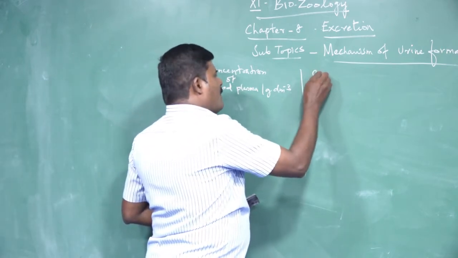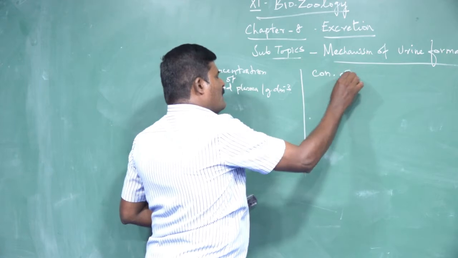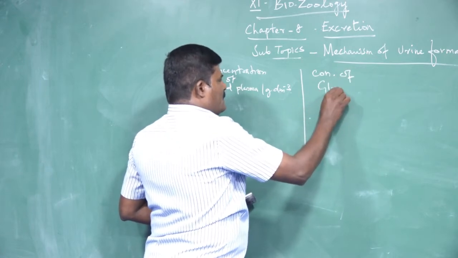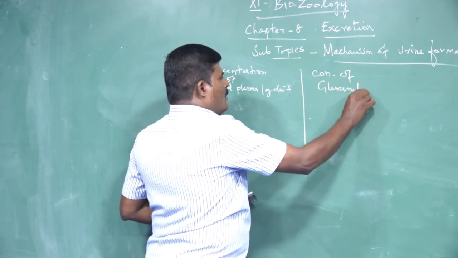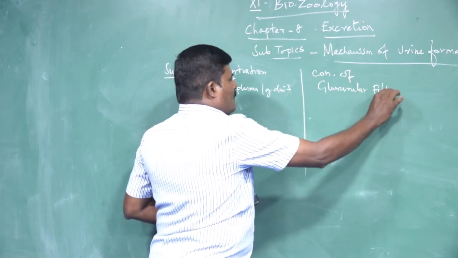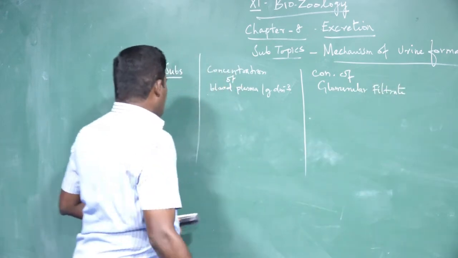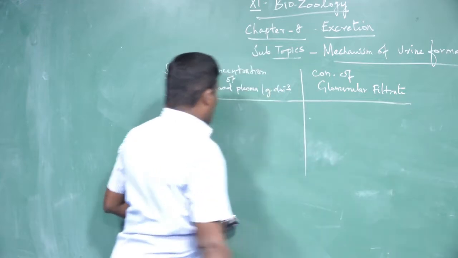Another column is the concentration in glomerular filtrate.